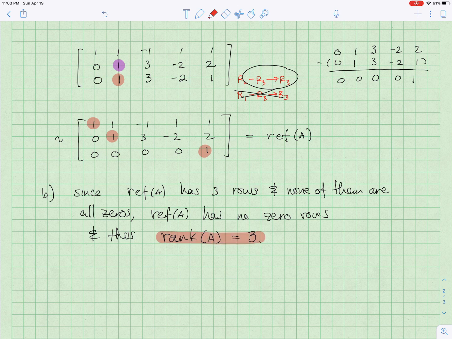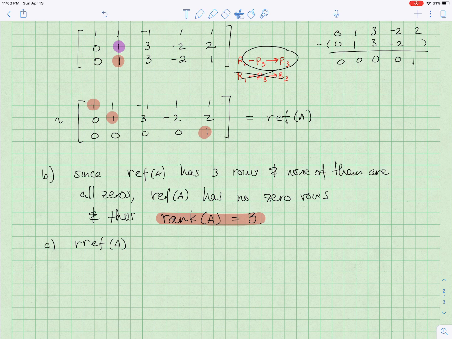Now, finally, in this example, we were asked to find the RREF of A. And so what we're going to do is very similar to what we had done before with REF of A. That is to say, the only other requirement for RREF of A is that each one of those leading ones is the only non-zero value in its corresponding column.